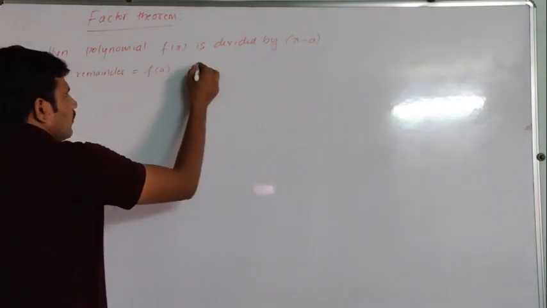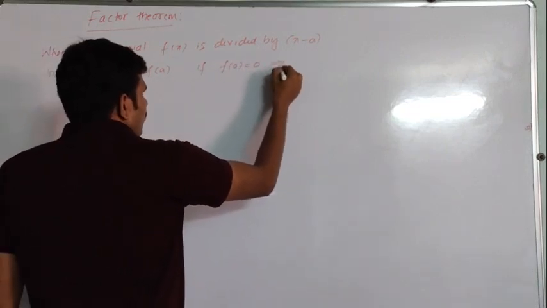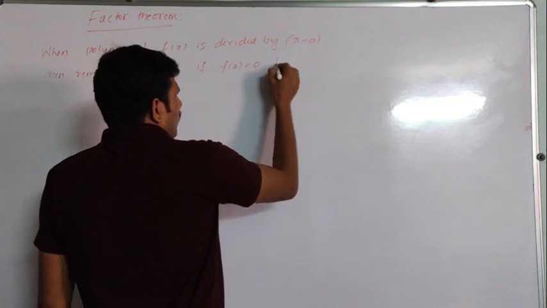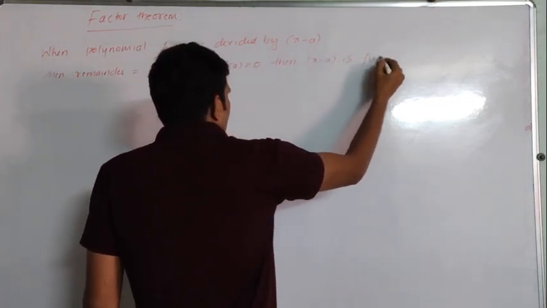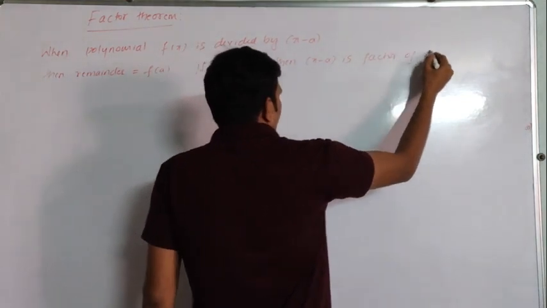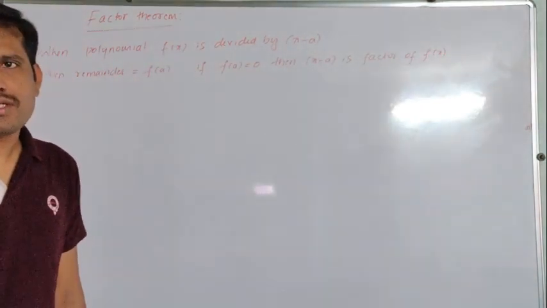If f of a, the remainder, is equal to 0, then x minus a is a factor of f of x. So this is what the factor theorem says.